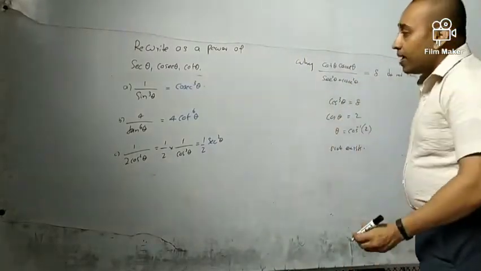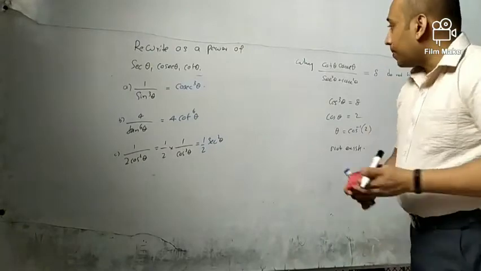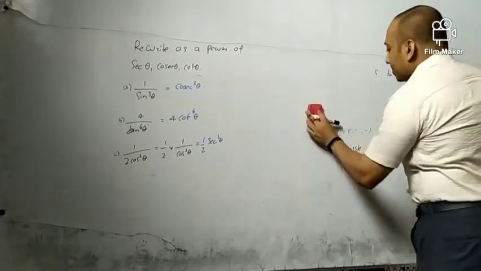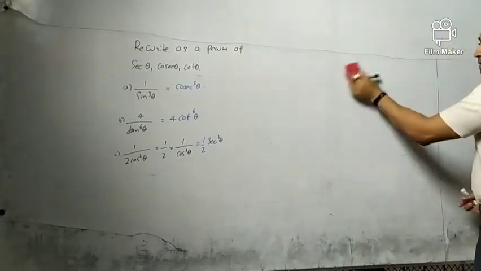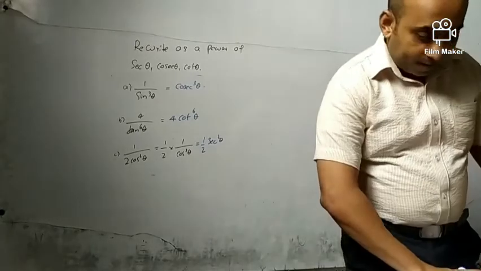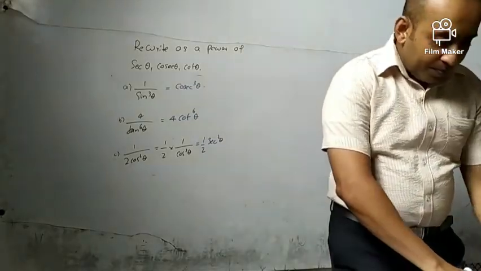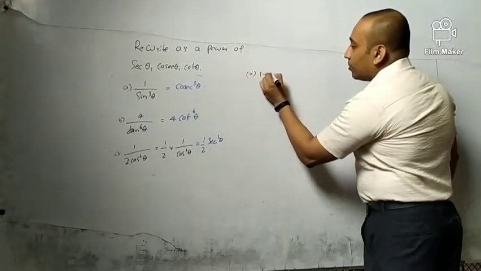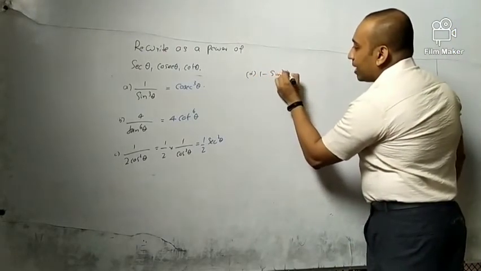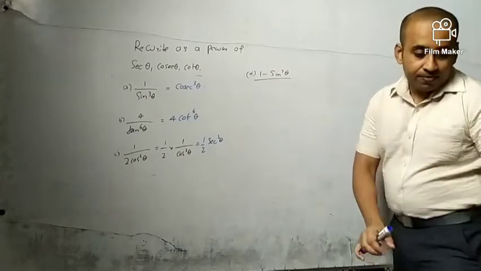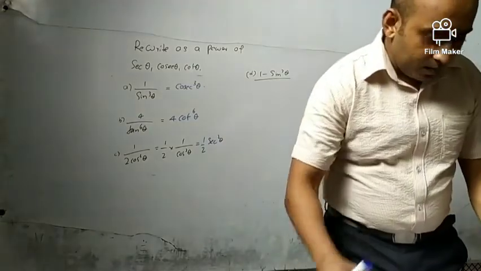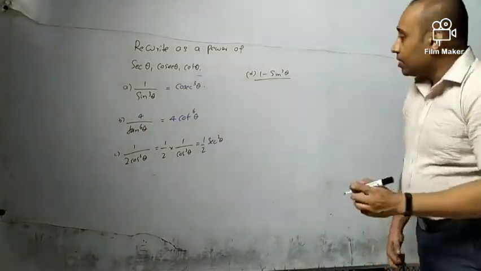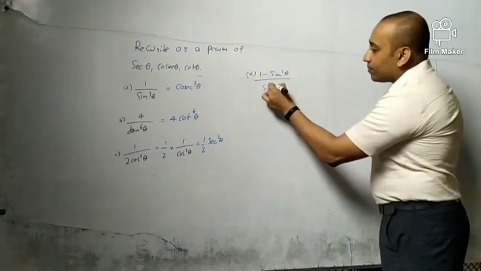Then part D is 1 minus sin square theta over sin square theta.